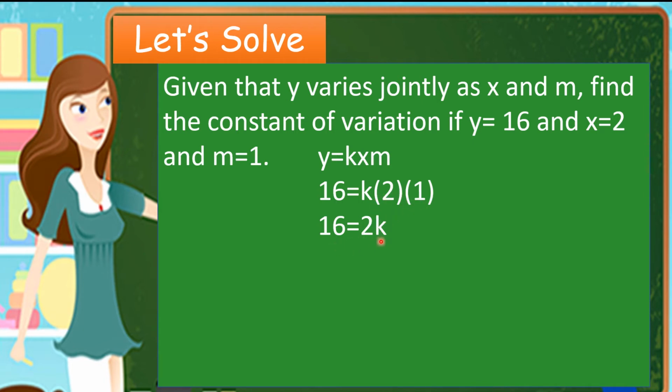So, 16 is equal to 2k. Then, solve. Divide both sides of the equation by 2 to eliminate the numerical coefficient of k. So, our answer is 8 is equal to k, or k is equal to 8. So, ngayon, meron na tayong constant of the variation which is 8.